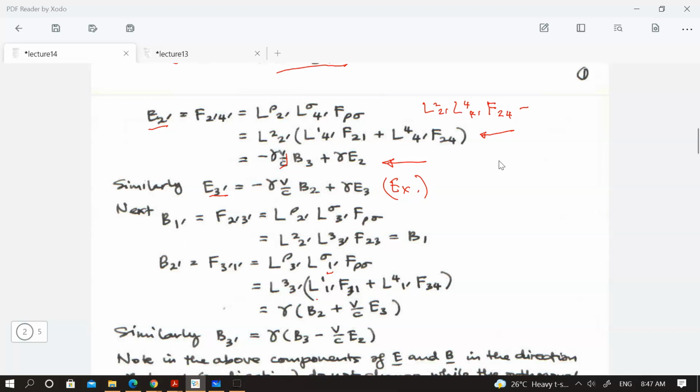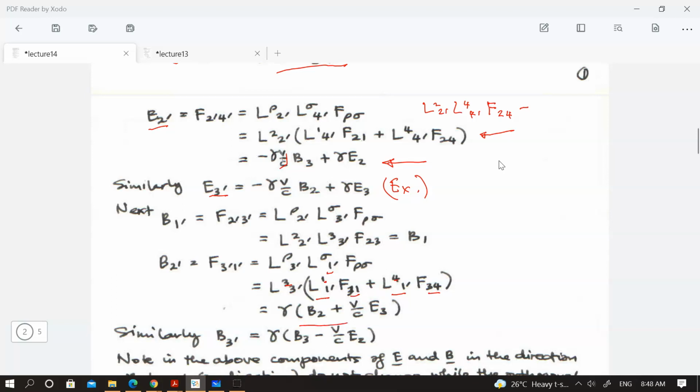That's why you have L11' here and L41' here. So over here you have 3, 1 corresponding to this, and over here you have 3, 4. Good. L11' is gamma, and L41' is gamma V over C.